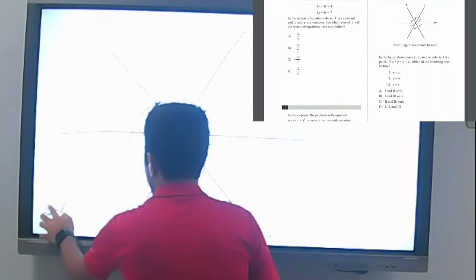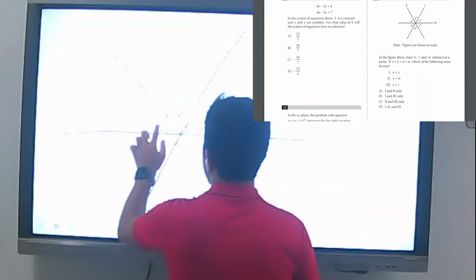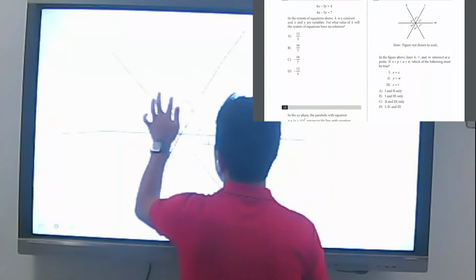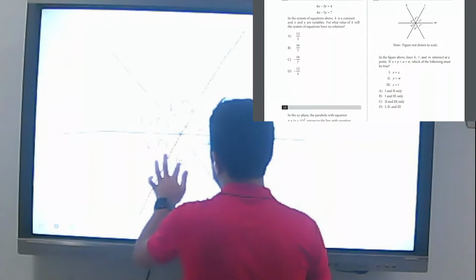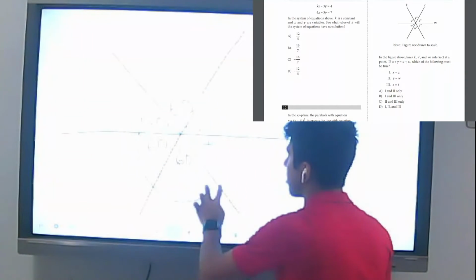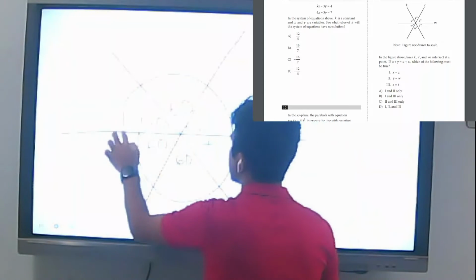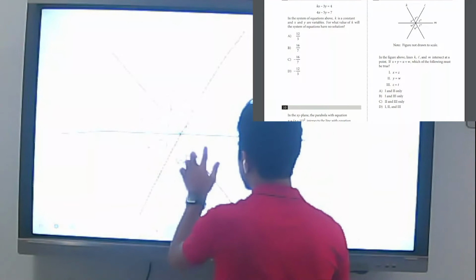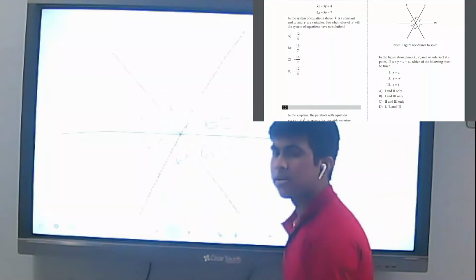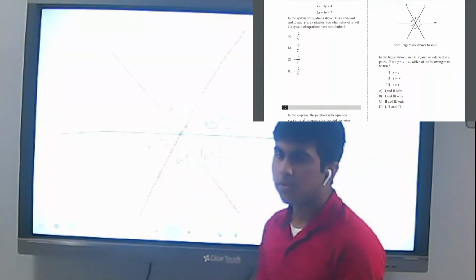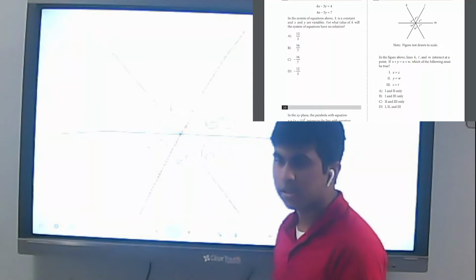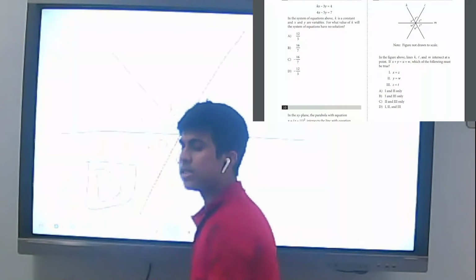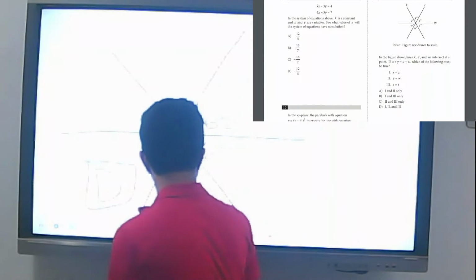So 60, 60, 60, 60, and then this has to be 180 degrees, so t is 60. This has to be 180 degrees, so z is 60. So essentially everything is 60 degrees, which means everything is equal to each other. So x and z, they're both 60. Y and w, both 60. Z and t, they're both 60. So 1, 2, and 3 are all correct. That is answer choice D. Let's keep going to the next question.